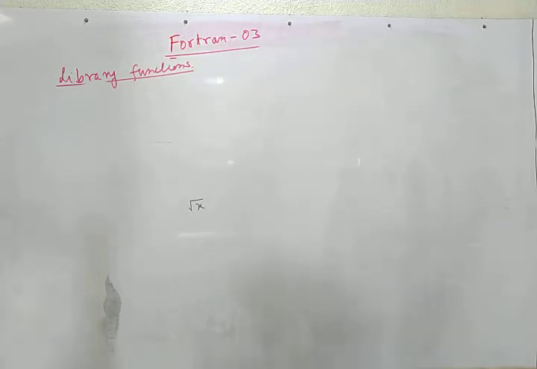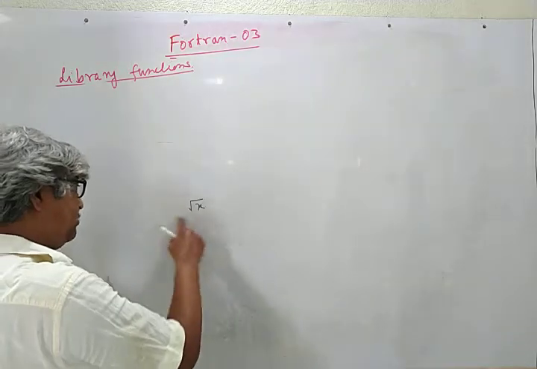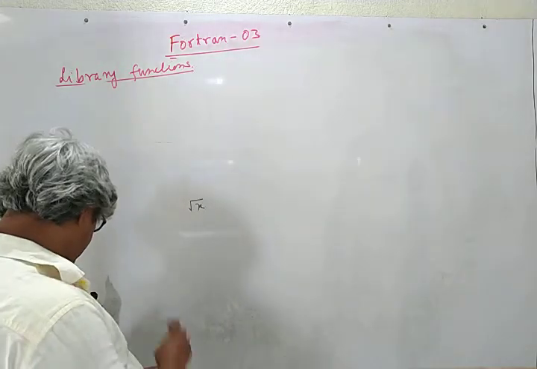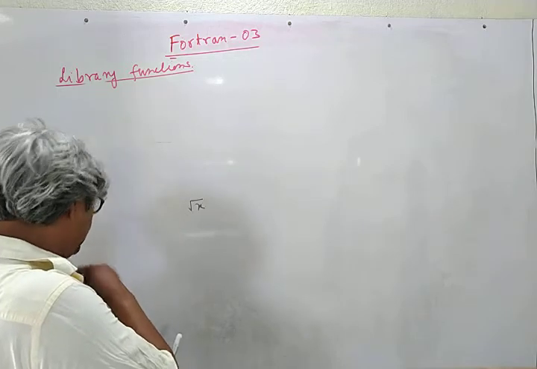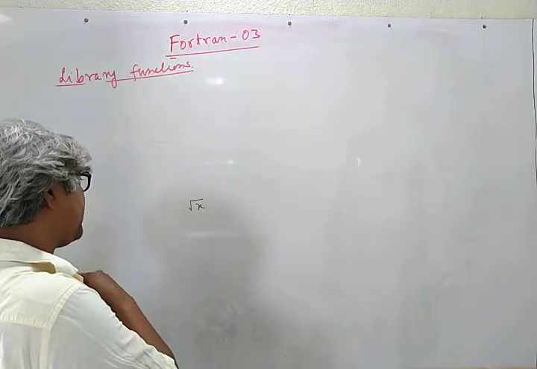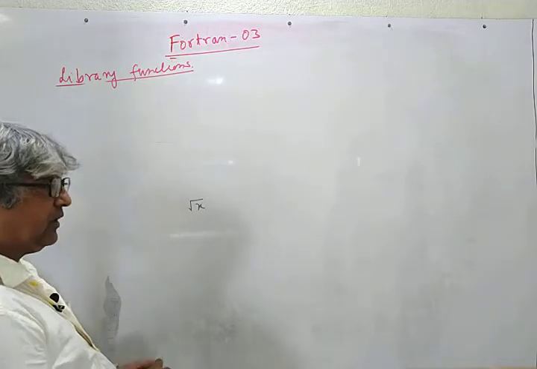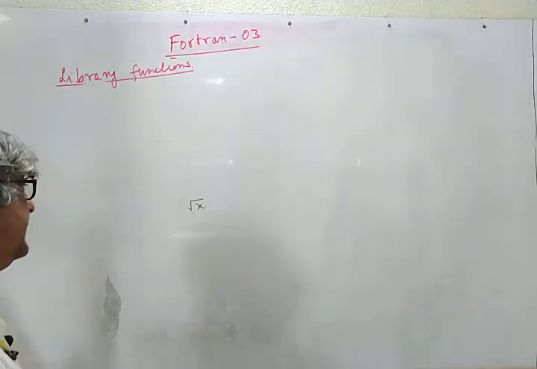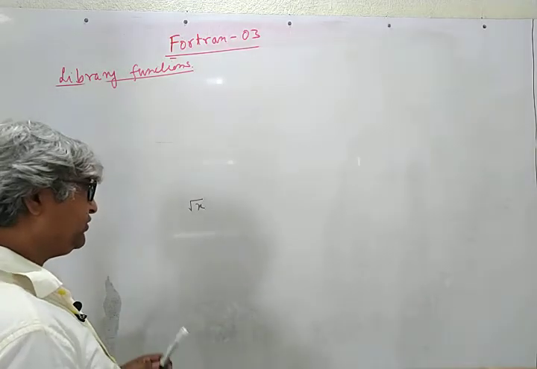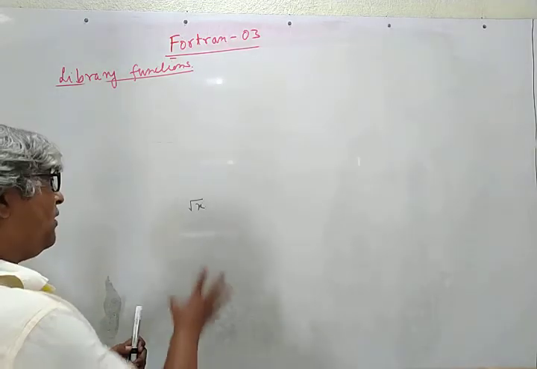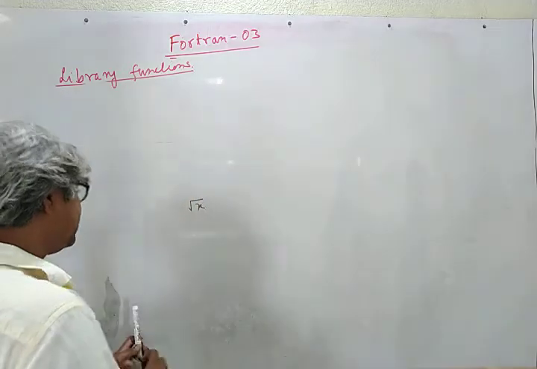If we had to write the program ourselves, it would be lengthy. On the other hand, such calculations occur very frequently in numerical calculations, so there is provision within Fortran for these calculations.